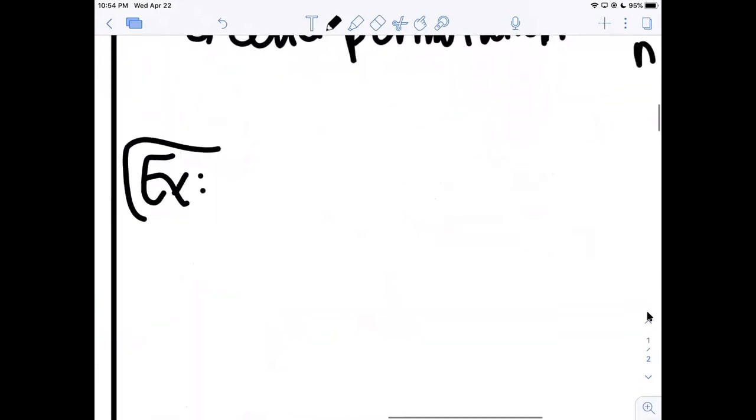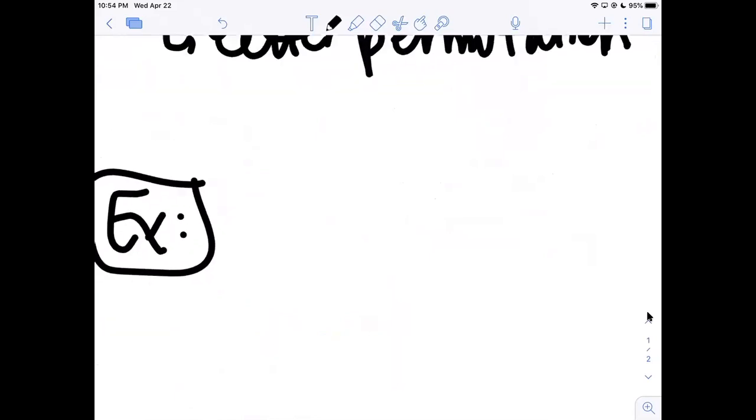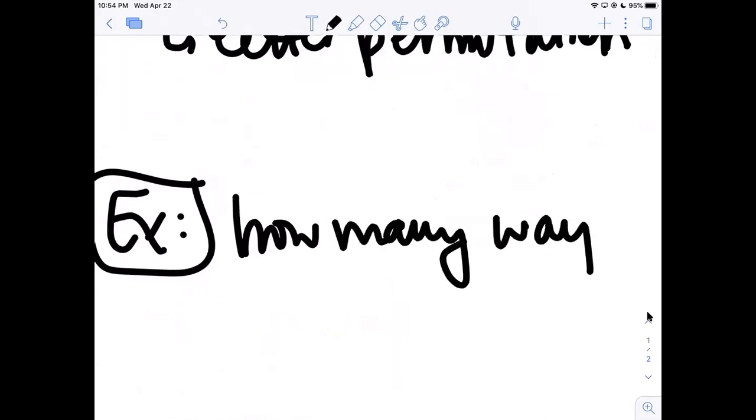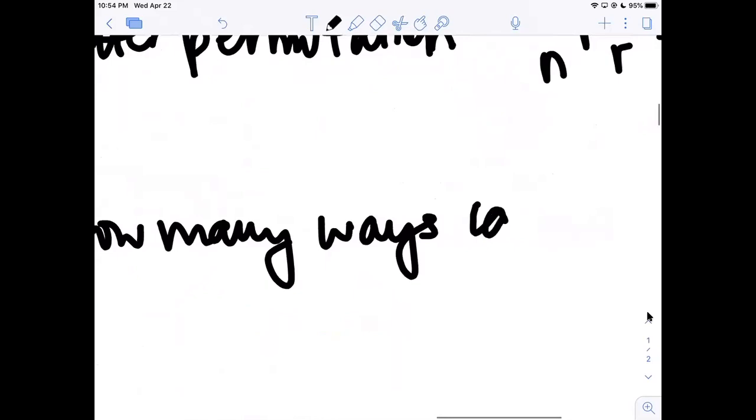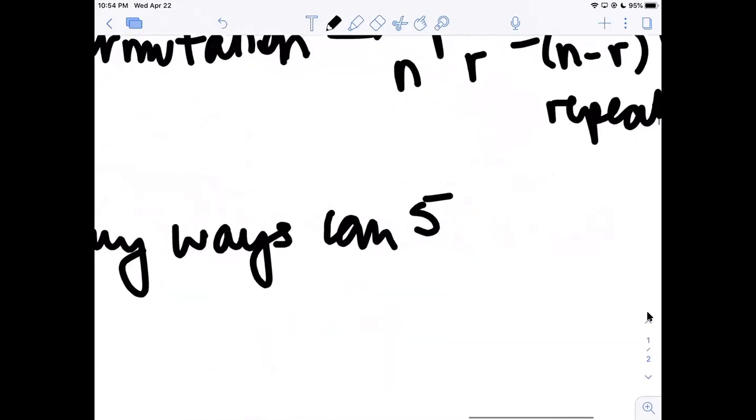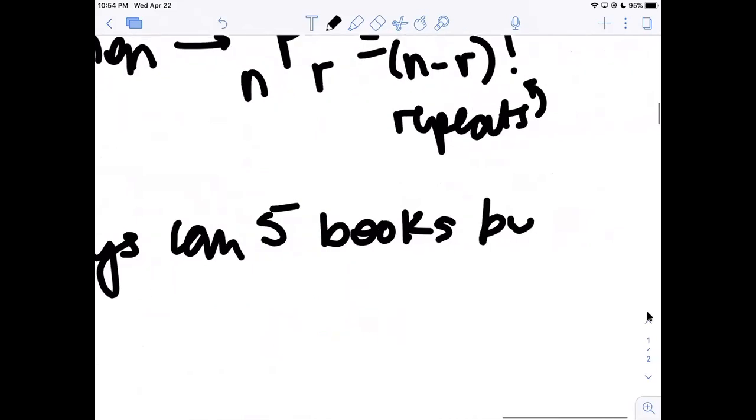First example: how many ways can 5 books be lined up on a shelf, or put in order?